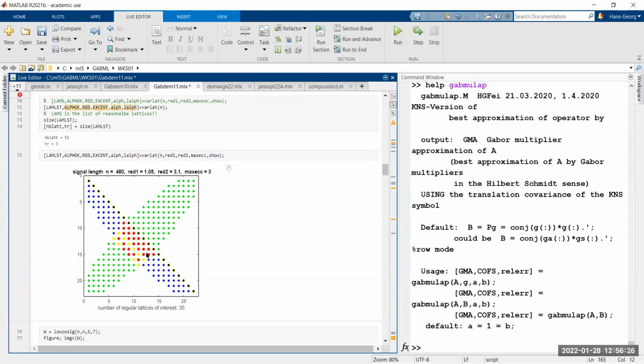And what I found out, based on my personal experience with all these examples, is that I stay away from the critical one. To choose a stable one, I stay away from this here because high redundancy means very bad condition number for the projection operators.